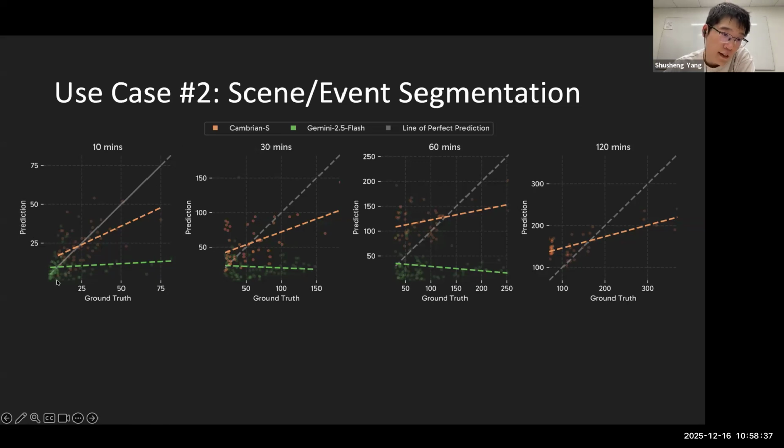This gray line is our expectation, a perfect prediction. It means if the ground truth goes larger, the prediction also goes larger.